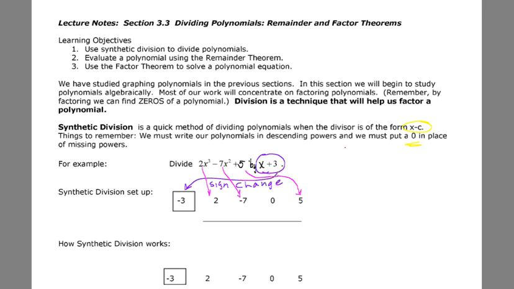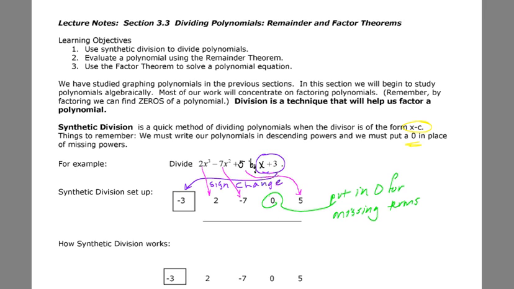Whenever there's a missing power, we have to put in a 0 for a missing power. We'll put a 0 in for missing terms. And the missing term there is the first power.